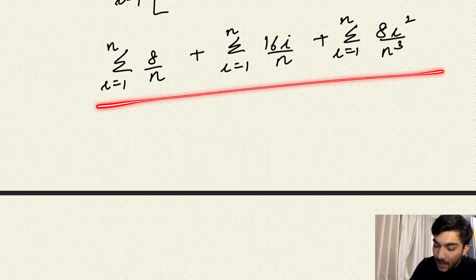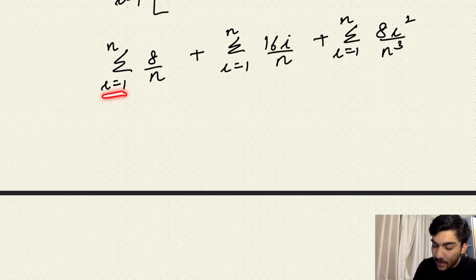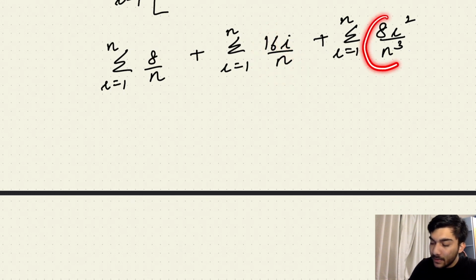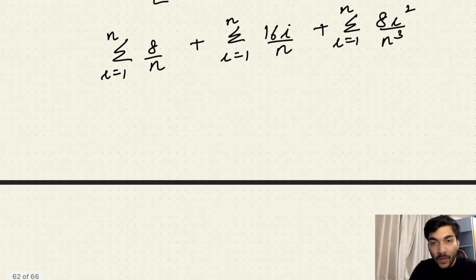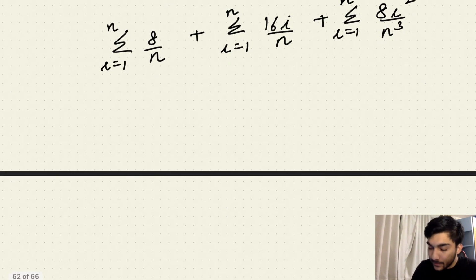Since in all these three cases, my i is only changing, I can take 8/n out, I can take 16/n square out in this case, and I can take 8/n cube out as well in this case. So let's do that. Remember, we are only doing this in order to simplify our whole expression and calculate the final answer.